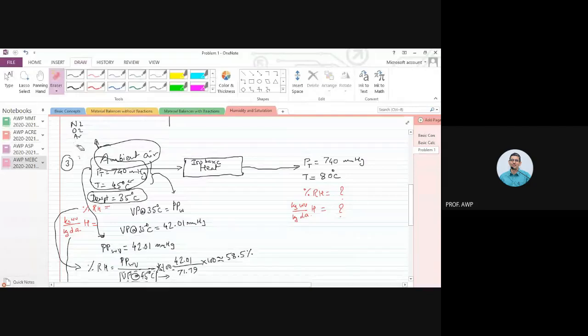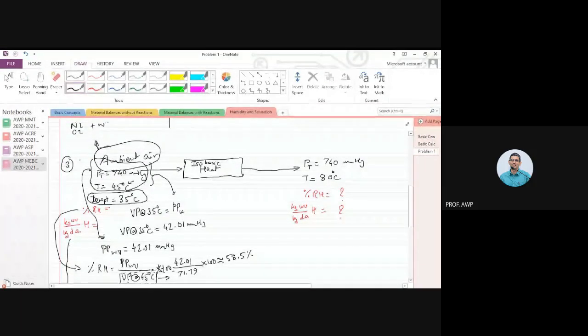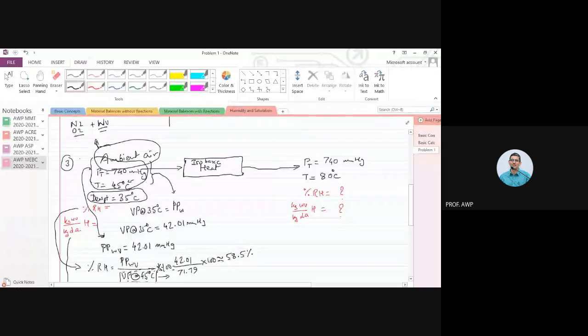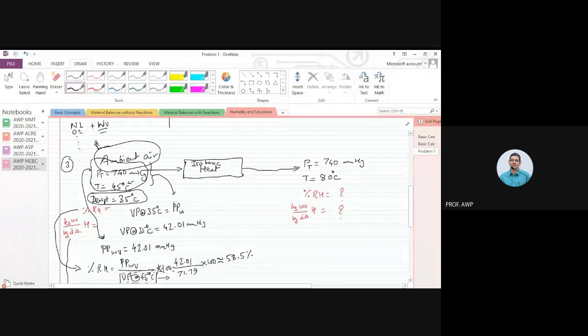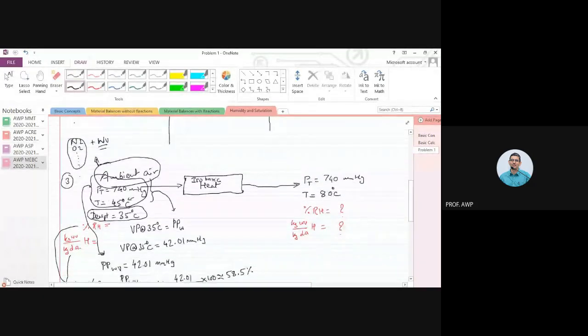Right now, just to simplify, we are saying it is going to contain only nitrogen and oxygen, and it is going to contain water vapor. So ambient air consists of all these components. For simplicity, we are taking 79 and 21 for nitrogen and oxygen.